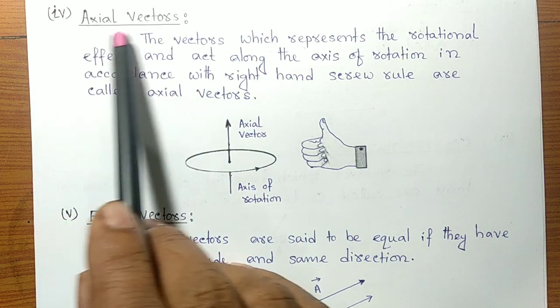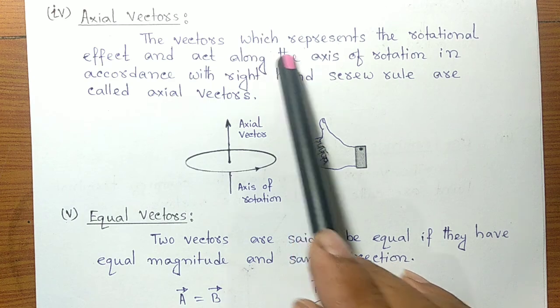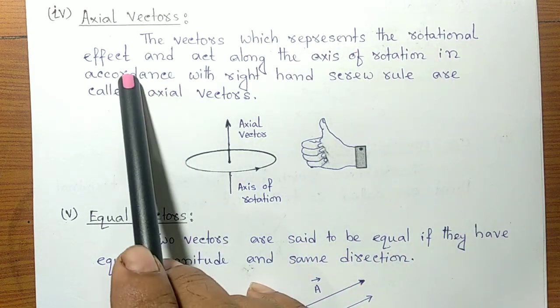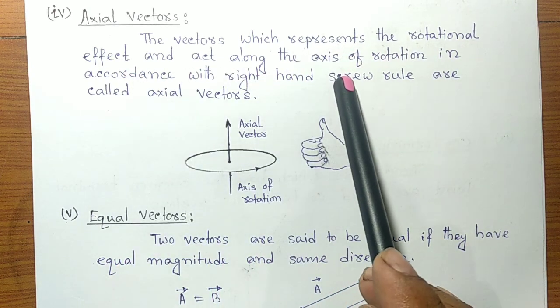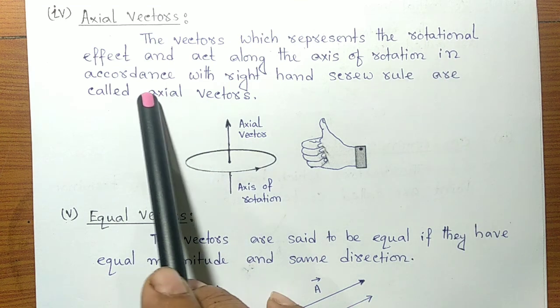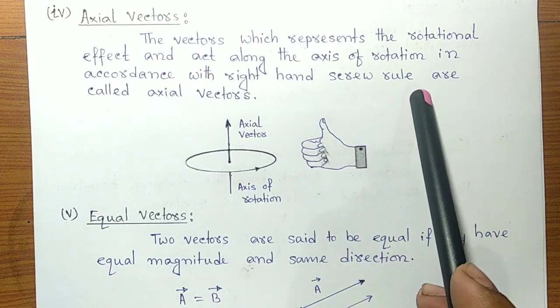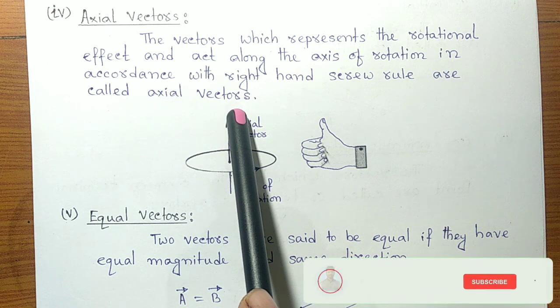Next are axial vectors. The vectors which represent the rotational effect and act along the axis of rotation in accordance with the right-hand screw rule are called axial vectors.